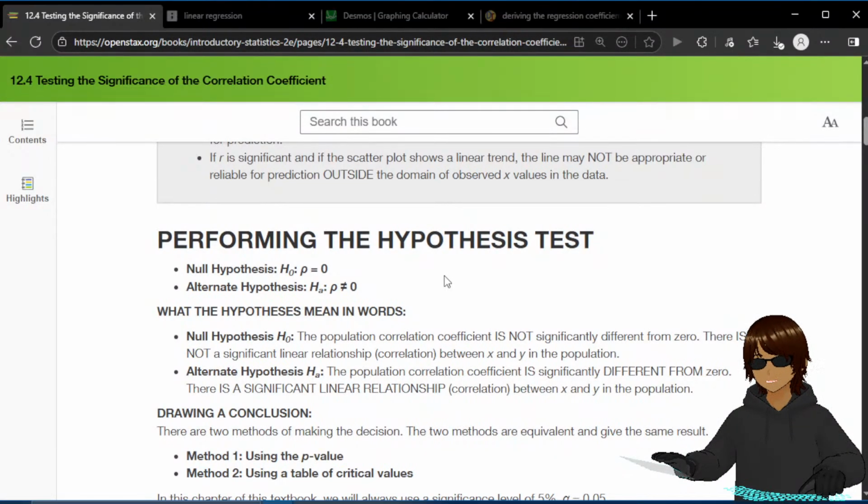Performing the hypothesis test. Null hypothesis: rho is 0. Alternative hypothesis: rho is not 0.